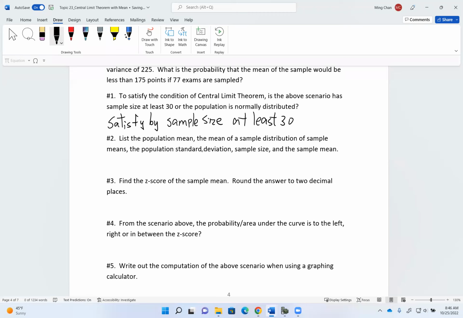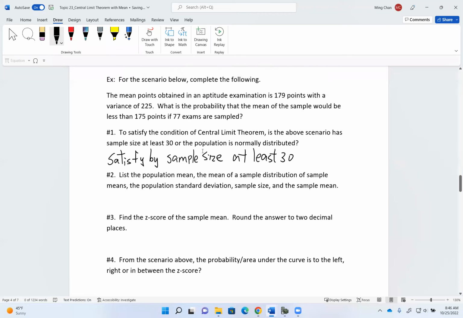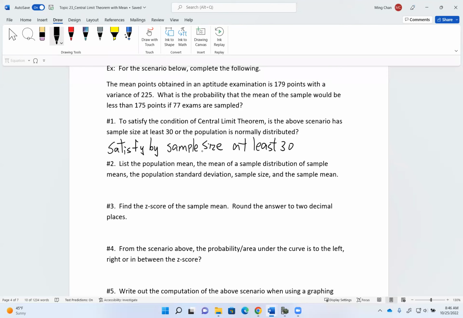Sometimes they will say population is normally distributed too. All right, list the population mean, the mean of the sample, distribution of the sample mean, and the standard deviation, sample size, and the sample mean. So we know that because the central limit theorem is satisfied, the mean of my sampling distribution of the sample mean will eventually equal the true population mean, which is 179 points.